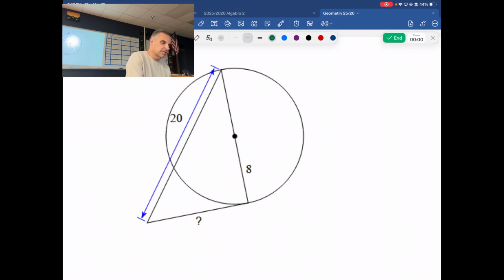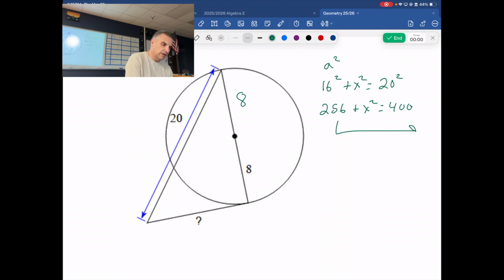Very good. So 16 squared, 8 and 8. 8 and 8 is 16. Plus x squared equals 20 squared. 16 squared, 256. X squared equals 400. Subtract 256. So x squared equals 144. I think we've seen this already. It's 12. There's our solution.